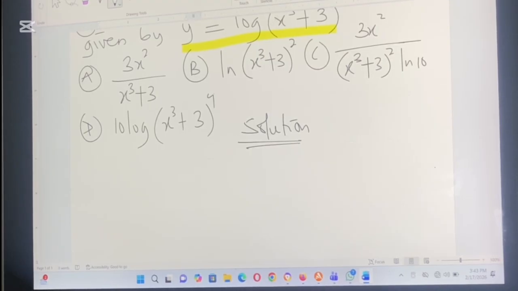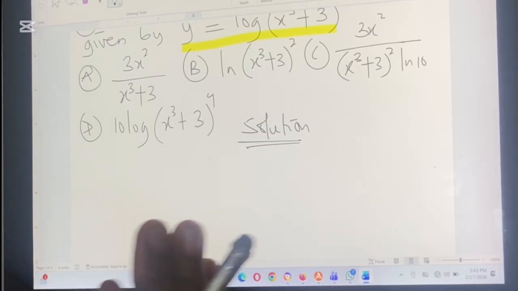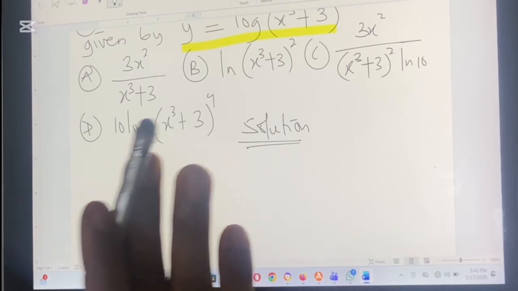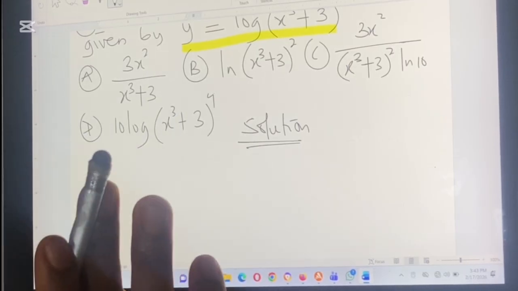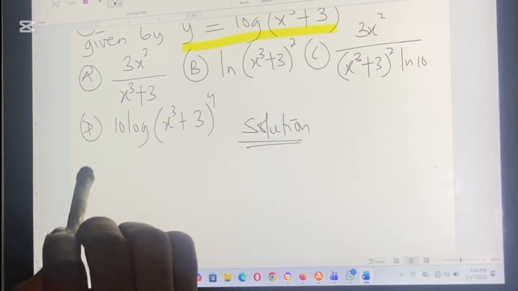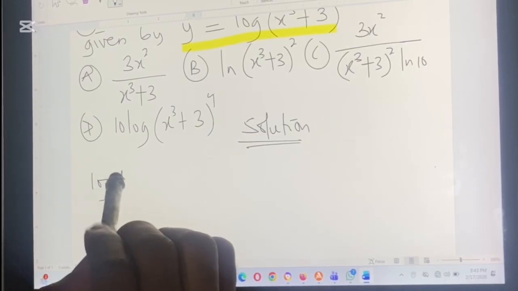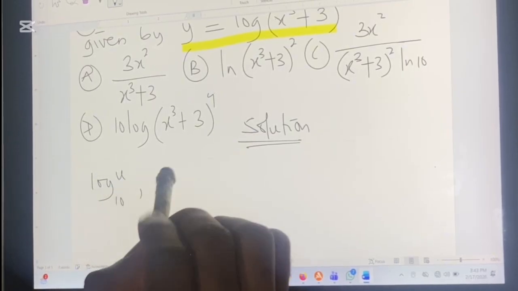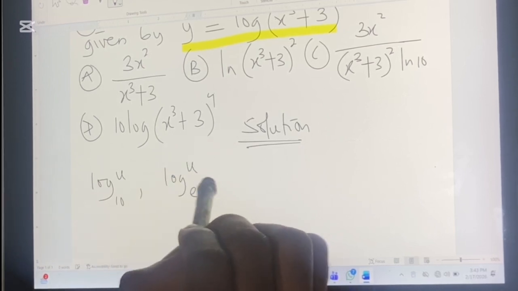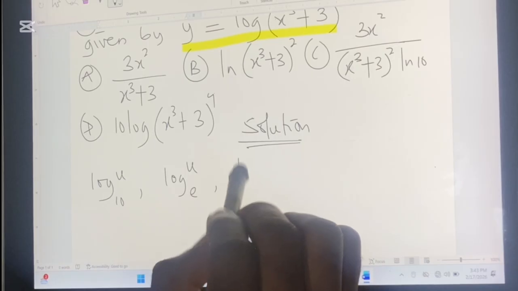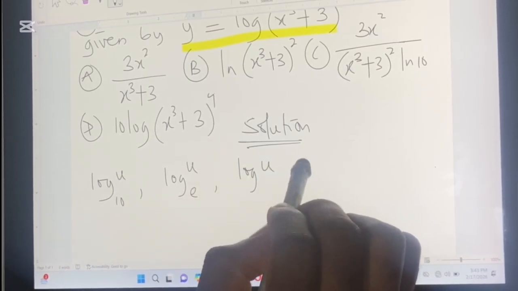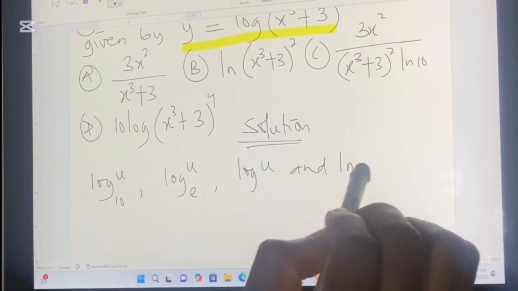In a logarithmic function, we have natural log and we have exceptional log. So when is a logarithm said to be a natural log? Whenever you have a logarithm to be log of u base 10, log of u base e, log of u, and ln of u.